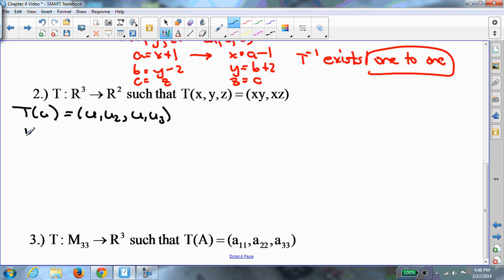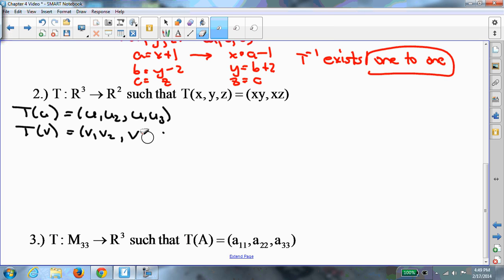And T of v would equal v1, v2, comma, v1, v3. Actually, I wanted to use the other one. Let's do the scalar one instead. So there's T of u.